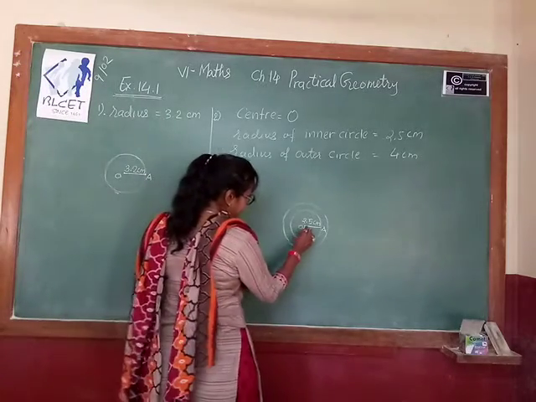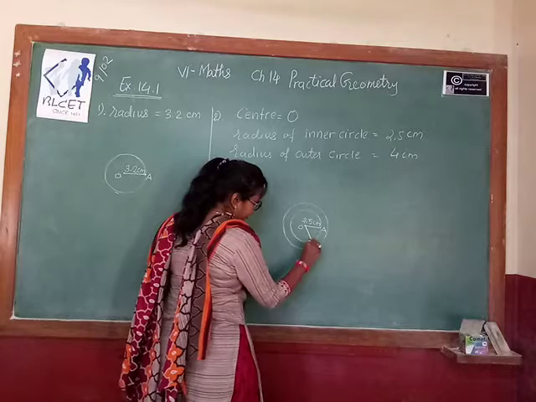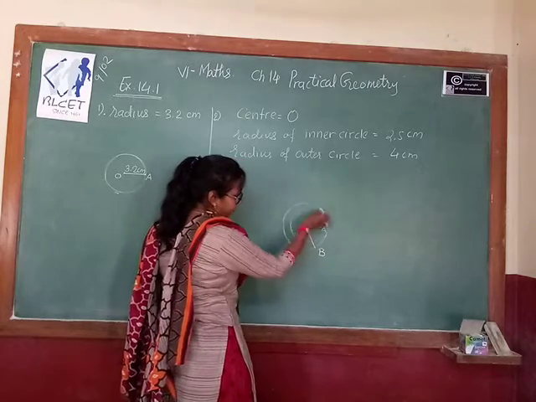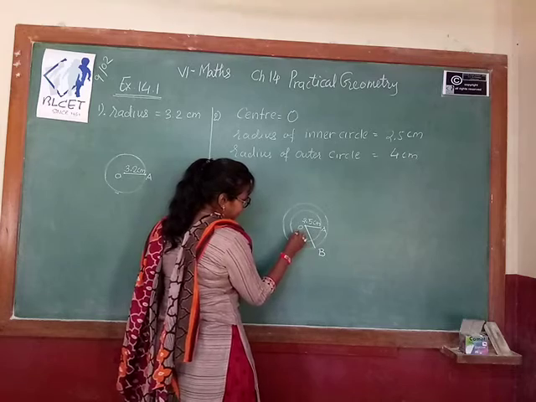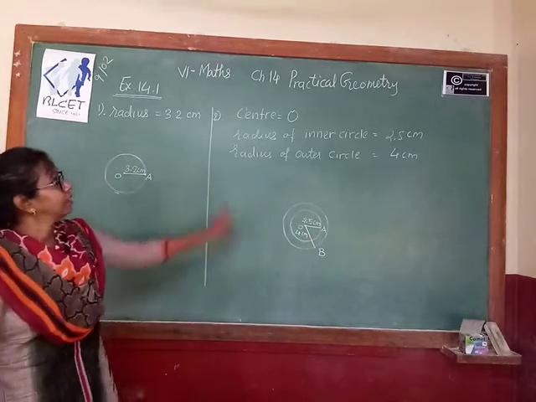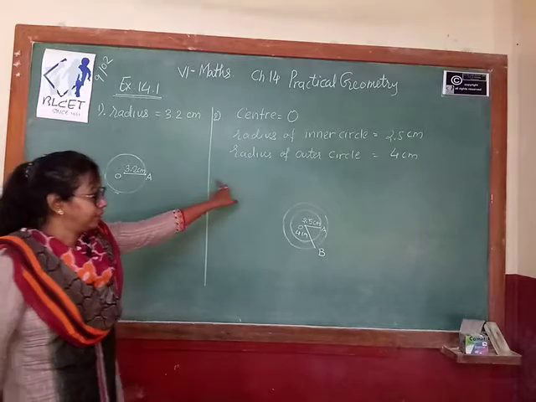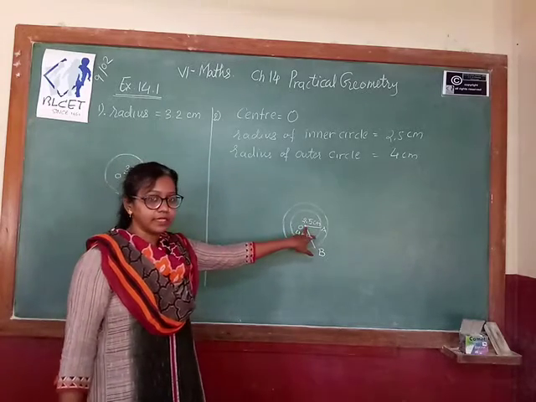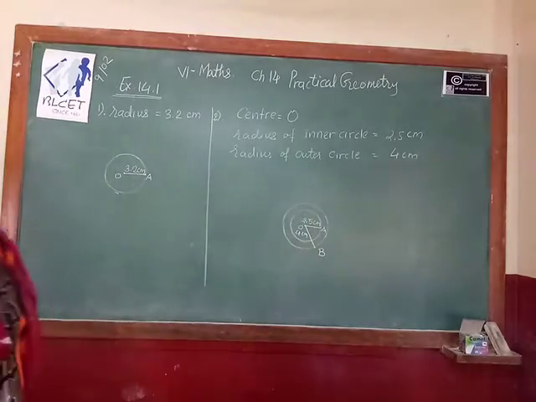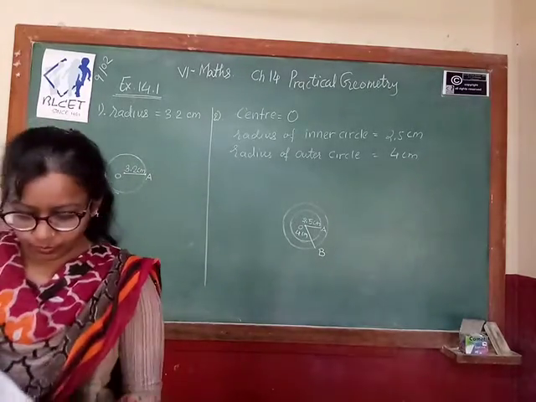This is your point B on the outer circle. And what is the measurement? 4 centimeters. This way you can do the second construction: same center, two radii, two circles.